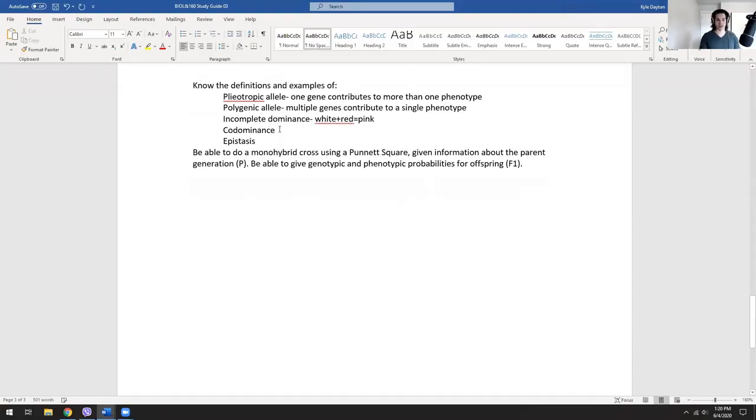Now codominance, the most common example that we'll use is blood typing, but just to piggyback off of this prior example, a white flower plus a red flower is going to be red plus white splotches.